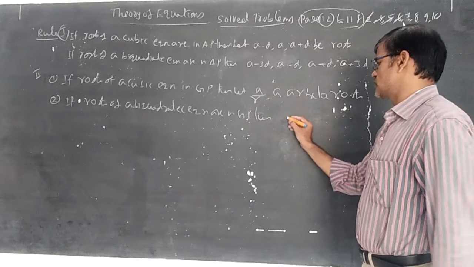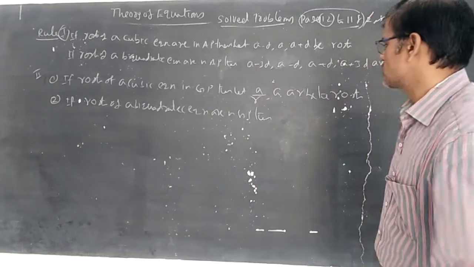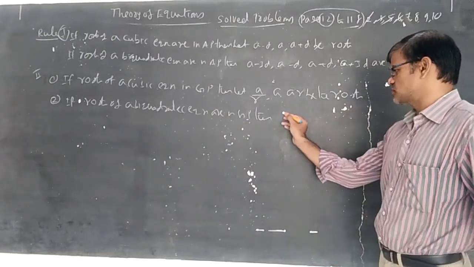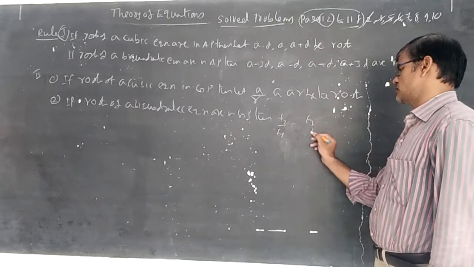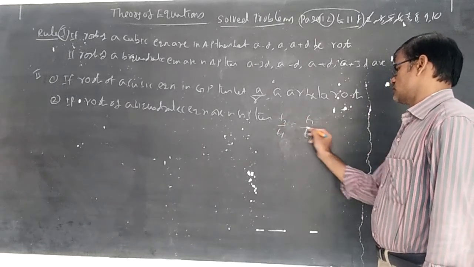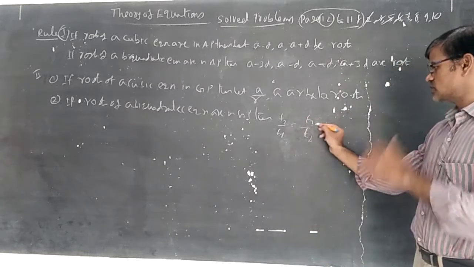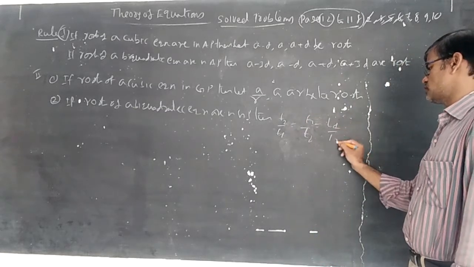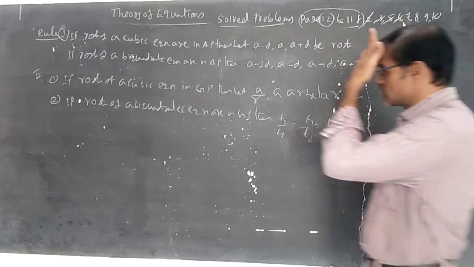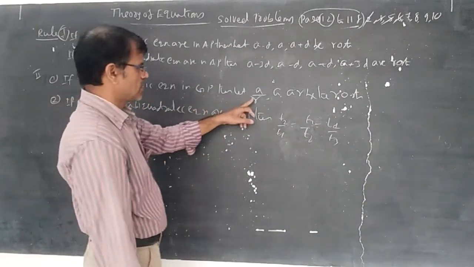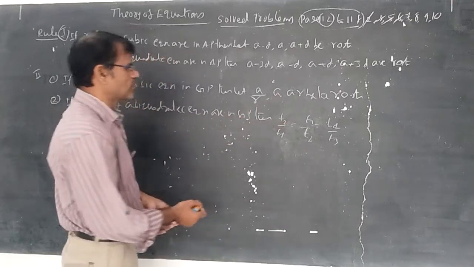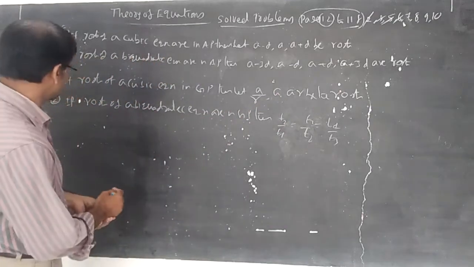The condition is total 4 terms. First term t1, t2 by t1 is equal to t3 by t2, and in the similar way t4 by t3 also. Like that we should think. Depending upon this, the common ratio terms will be getting cancelled.